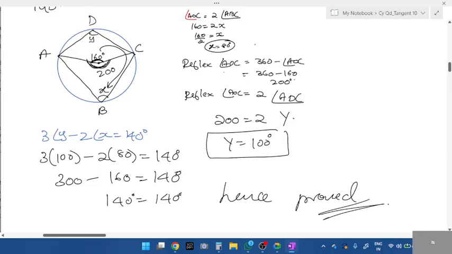So we use the sector concept here. Angle formed at the center is equal to twice the angle formed at the circumference. Circumference concept.